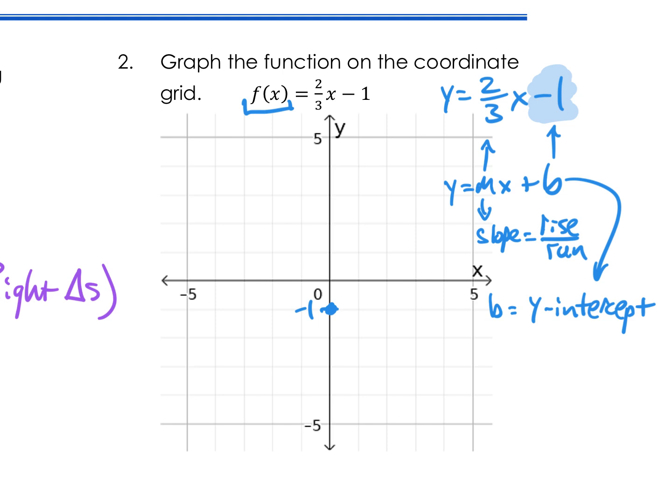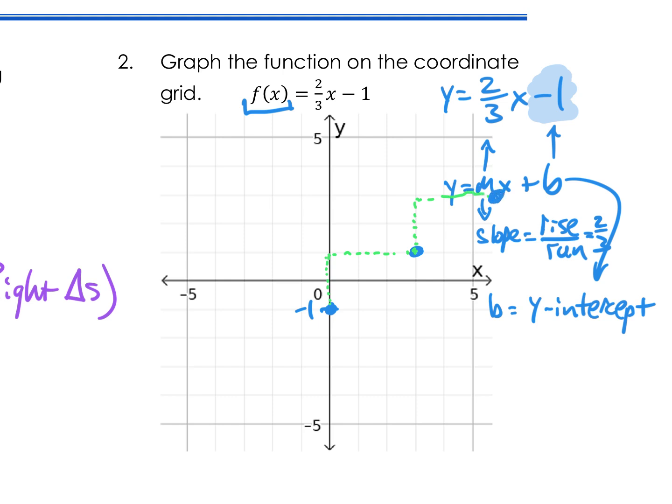And then we've got a slope of 2/3. So 2/3 is our rise over our run. That means from one point to the next, we're going to go up 2 and a run of 3. And that gives us a new point. And then we can go from that point up 2 and over 3, and that tells us we've got another point over here.